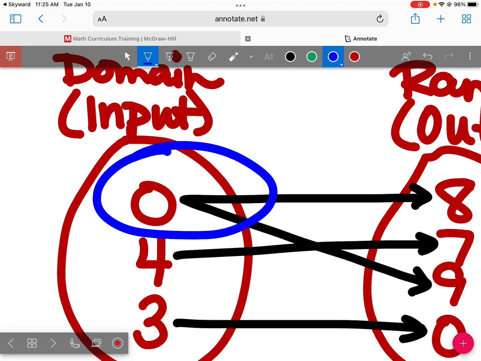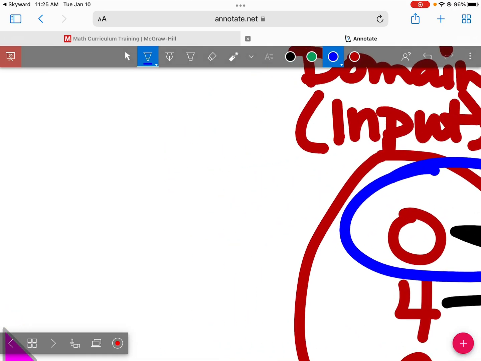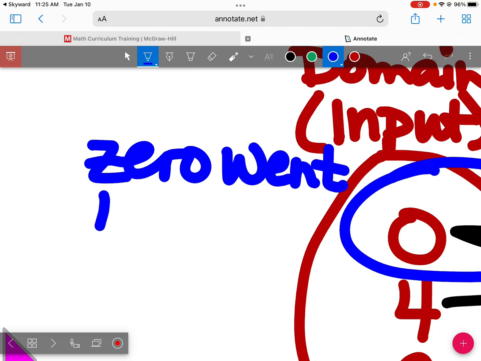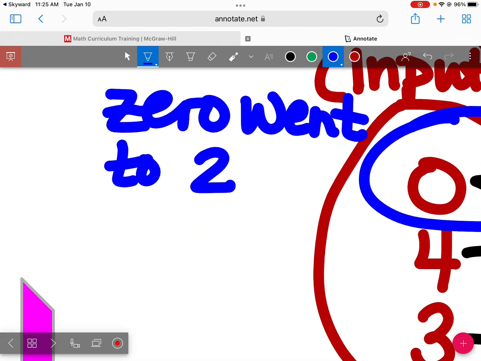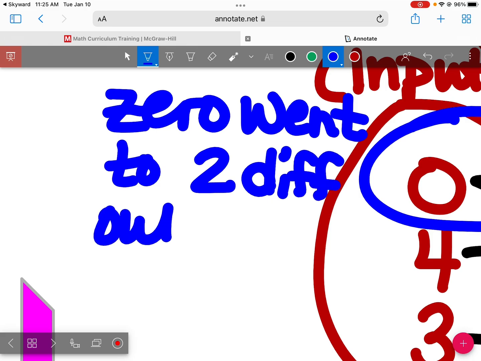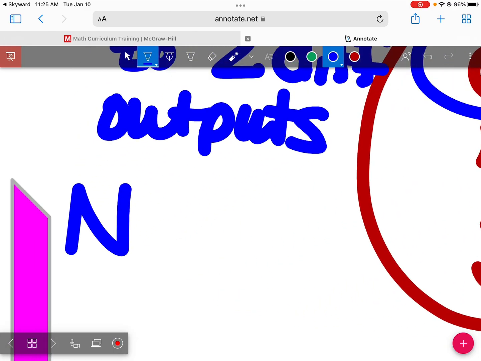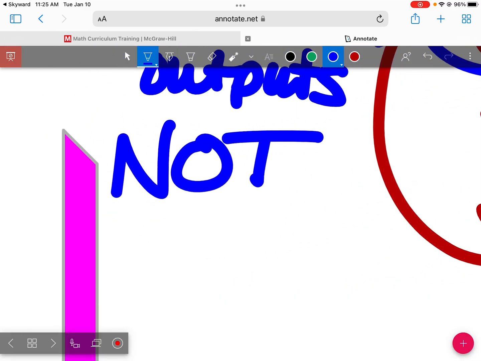0 went to two different numbers, right? So we had one piece from our input, but it went to two different places in our range. 0 went to two different outputs. That is not allowed.